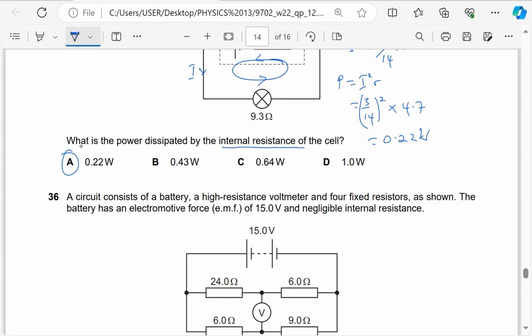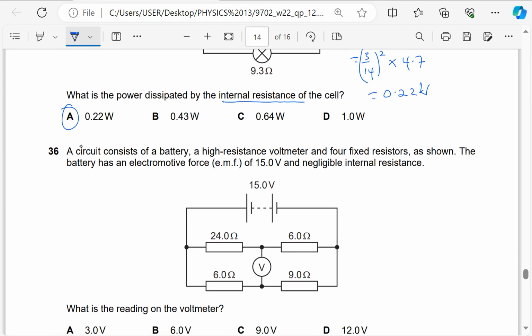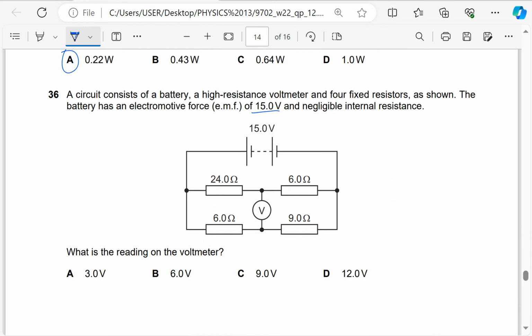A circuit of a battery, a high resistance voltmeter, and 4 fixed resistors are as shown. The battery has EMF 15 volts and negligible internal resistance. What is the reading of the voltmeter? So the voltmeter is going to give a potential difference between 24 ohms and 6 ohms, then subtracted. So the PD across 24, of course the 15 is going to be divided in the ratio of the resistances.